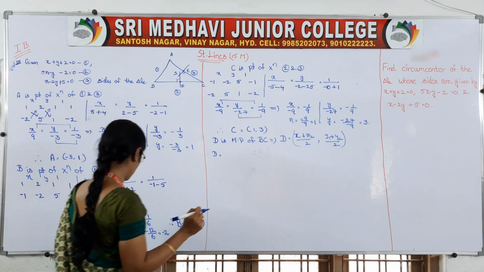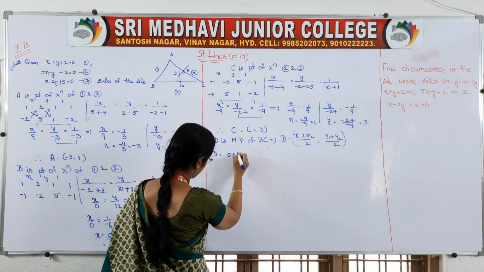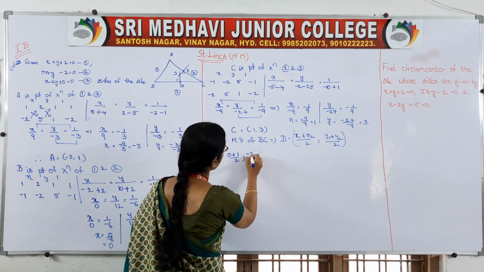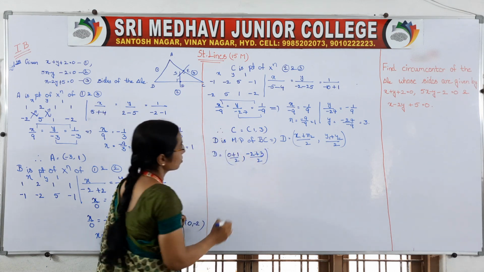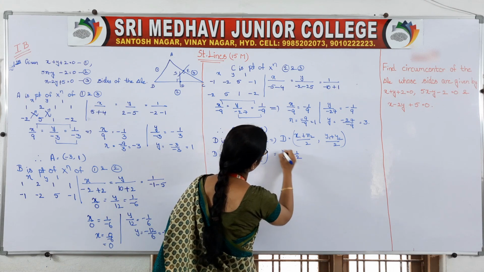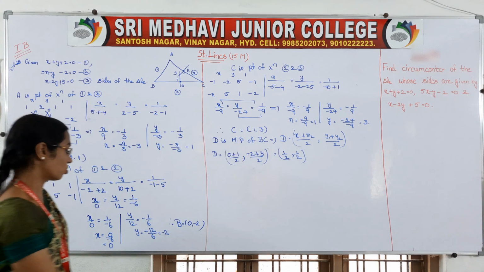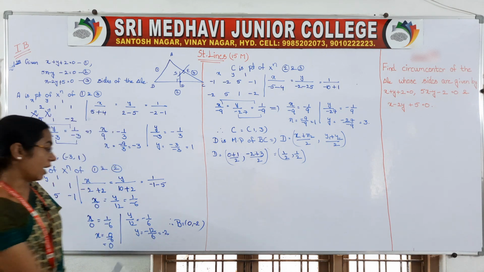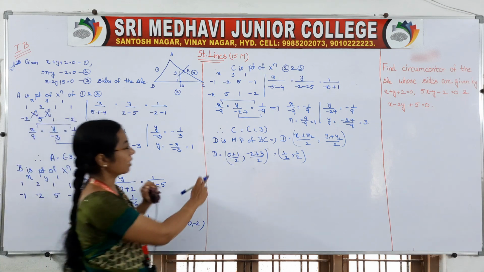Our B value is 0, so 0 plus 1 by 2, next minus 2 plus 3 by 2. Be careful. So it is (1 by 2, 1 by 2). This is your D value. I had taken 0 in reverse, so be careful while taking the values.